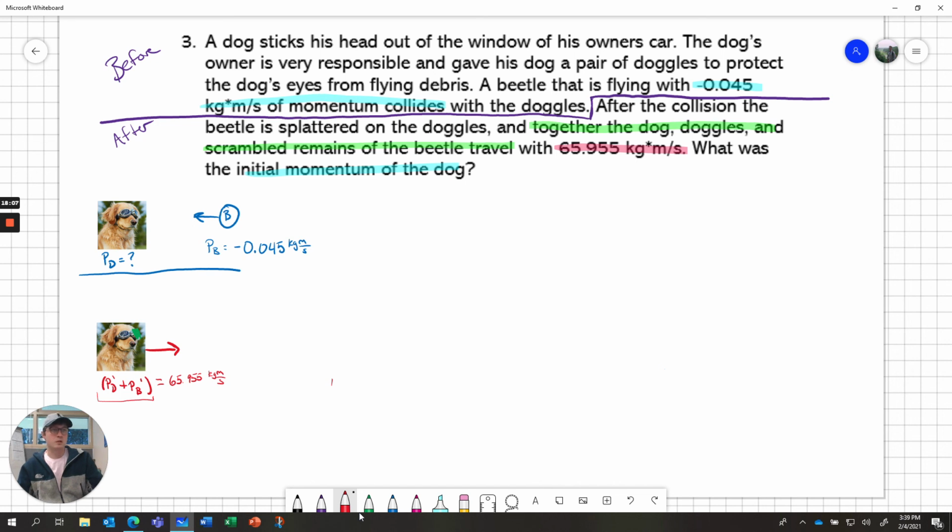And now let's set up our equation. The base equation is P1 plus P2 equals P1 prime plus P2 prime. All right, so let's change that to fit our situation. So instead of P1, I'm going to use PD, as in momentum of dog plus momentum of beetle is equal to the momentum of dog after the collision plus the momentum of beetle after the collision. You don't have to write these two things in parentheses.